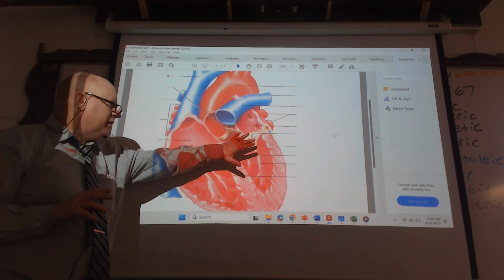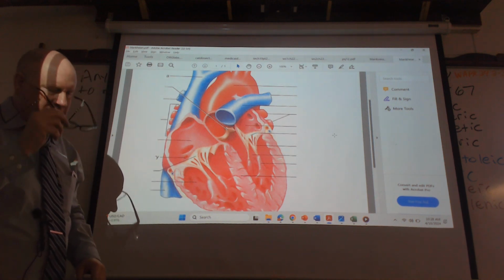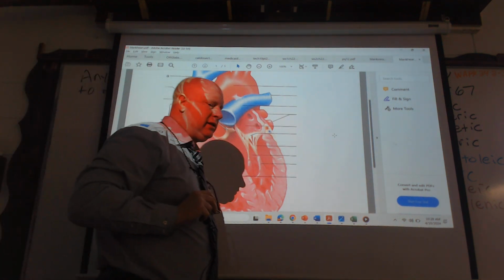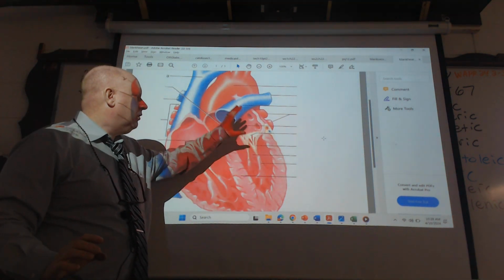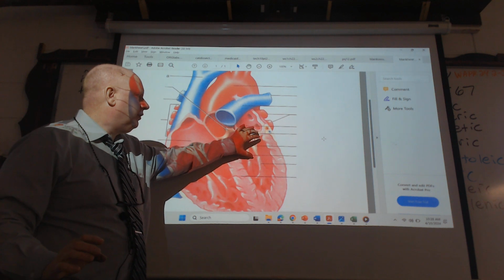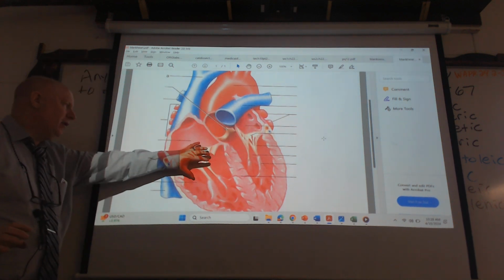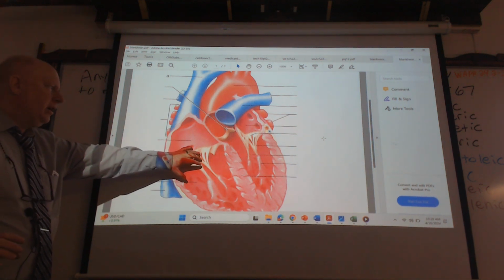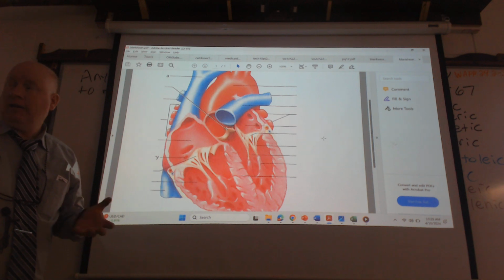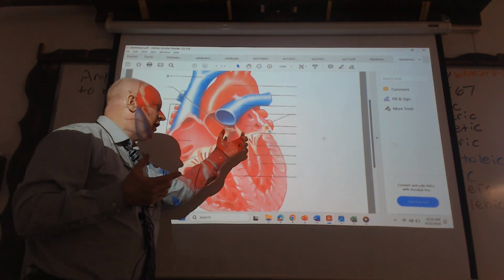But I think one of the things that students might ask from time to time is, why is it that this side would have 2 folds as a bicuspid, and this side 3 folds as a tricuspid. And I think the best answer for that, at least what makes sense to me, is the idea has to deal with the pressure.